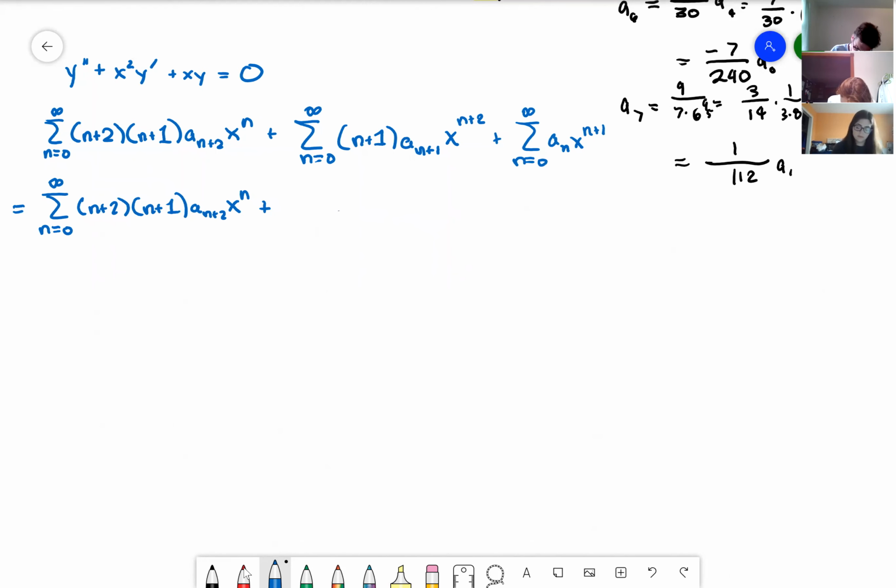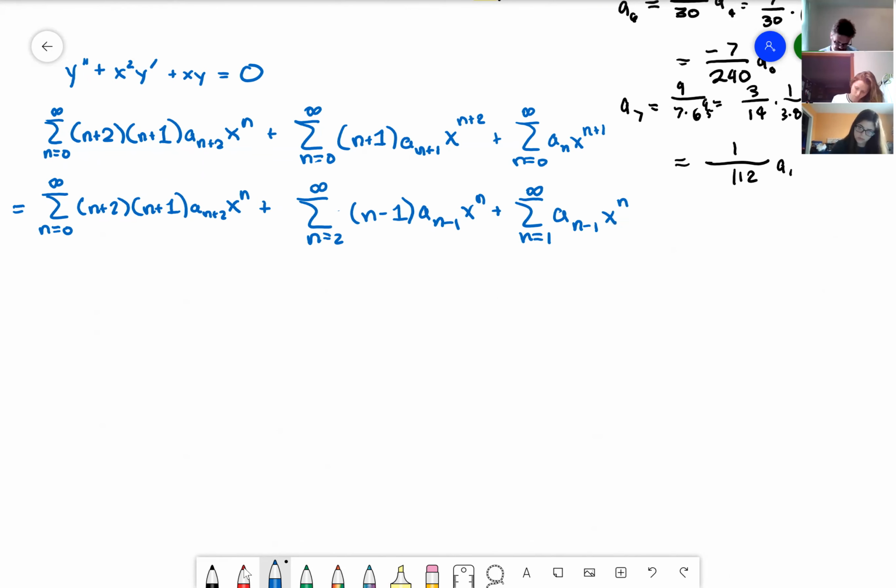We need to start at 2. We have x to the n plus 2, so this will become n minus 1, because we're going to replace all the n's with n minus 2, a n minus 1, x to the n. And then finally the sum from n equals 1 to infinity of a n minus 1, x to the n.